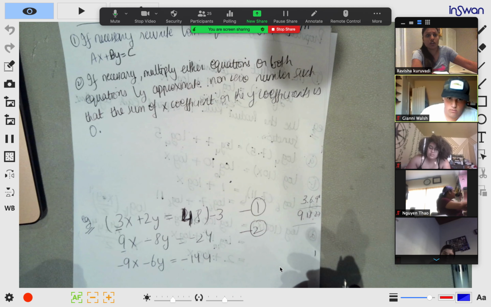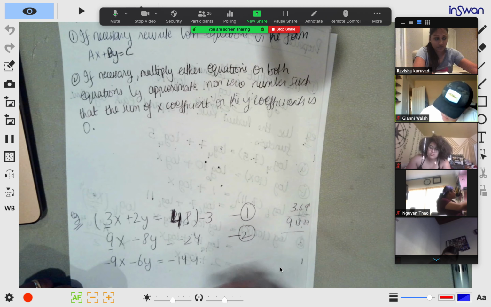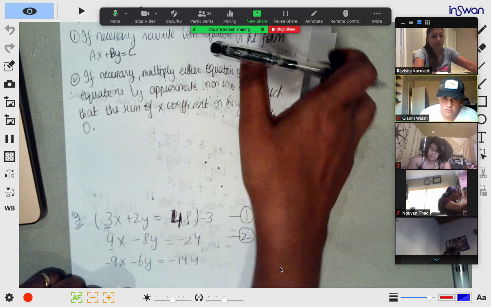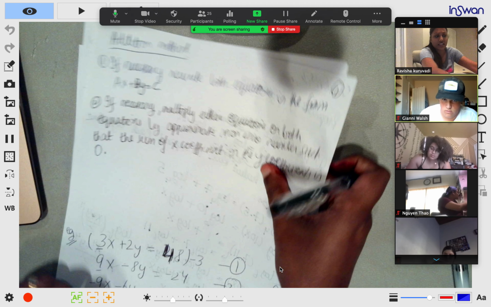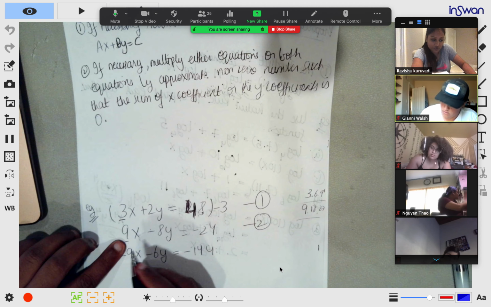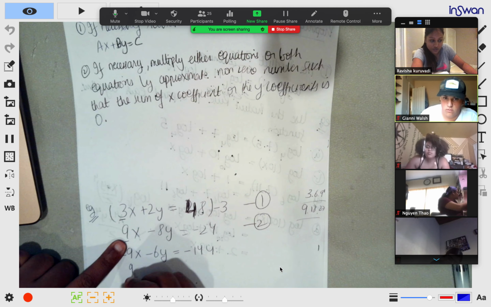So this is the new equation which I got. And I'm not multiplying the second equation with any number since it already has 9x. So it becomes 9x minus 8y is equal to negative 24.